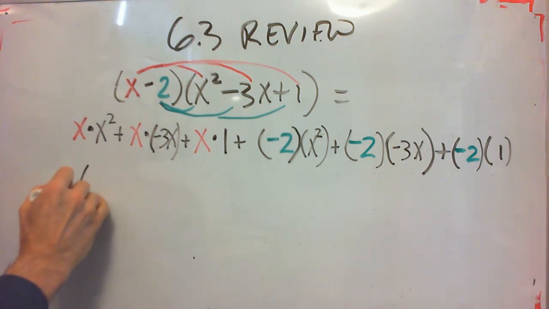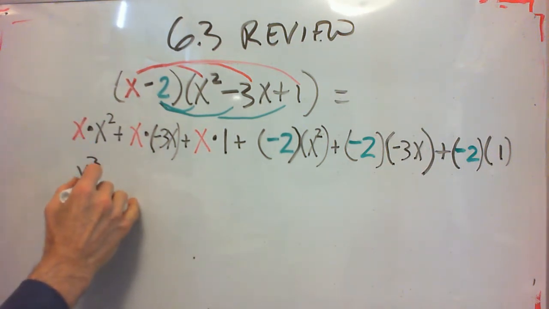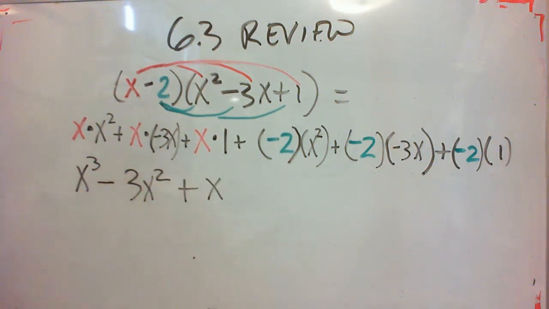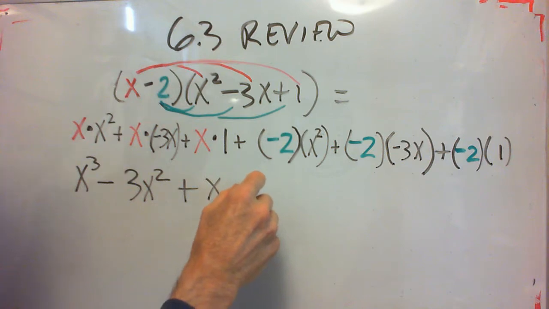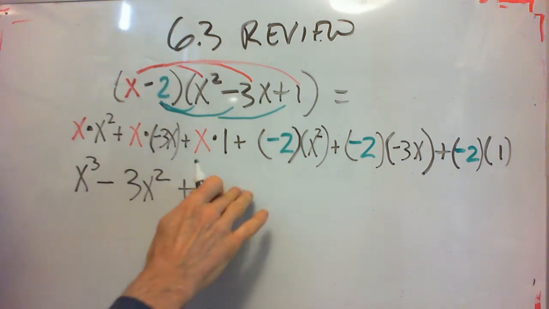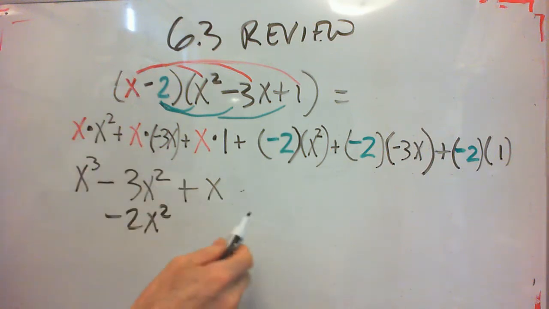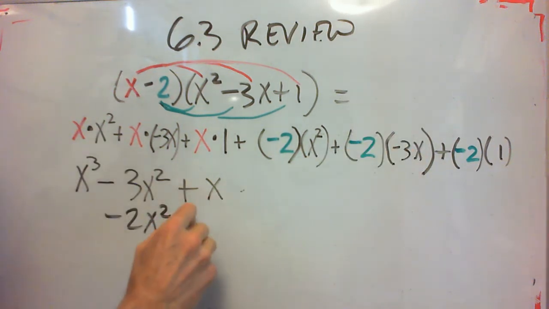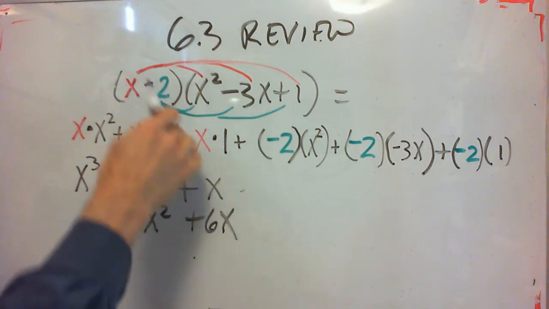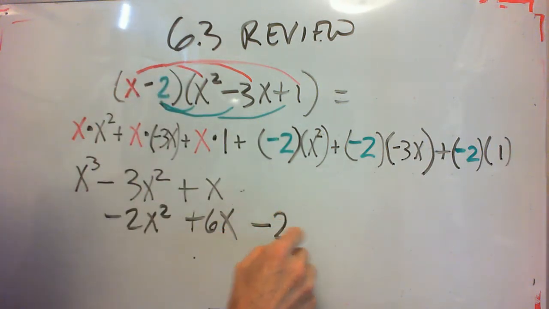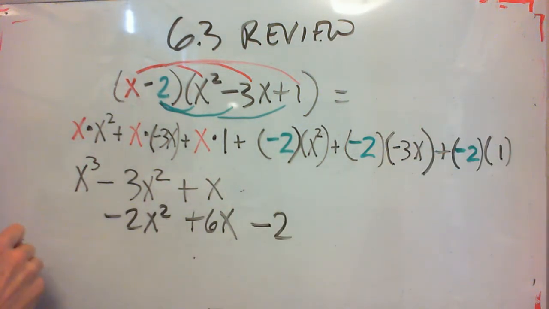So we get x cubed minus 3x squared plus x. Then for the second set of products, minus 2x squared, and you notice how I'm lining up the like terms, plus a 6x, because the negative times negative makes positive, and then minus 2 times 1 is minus 2.